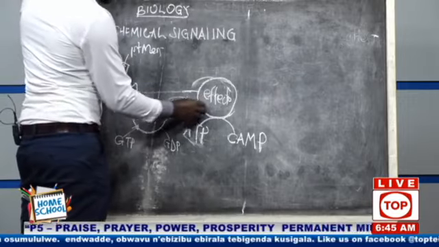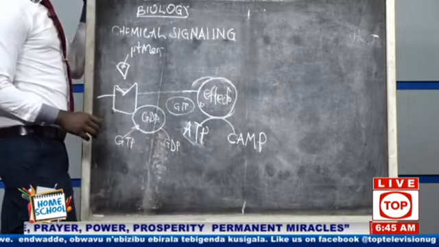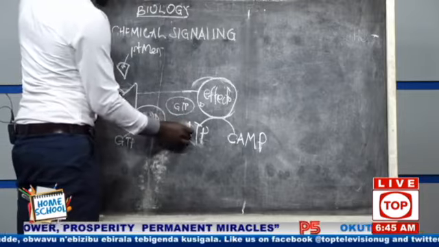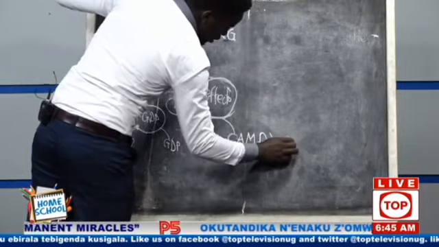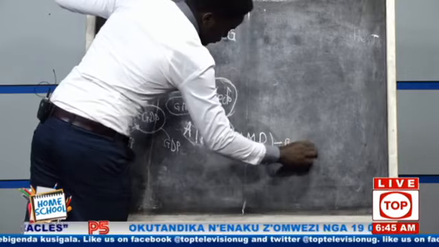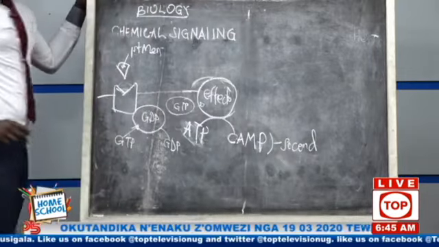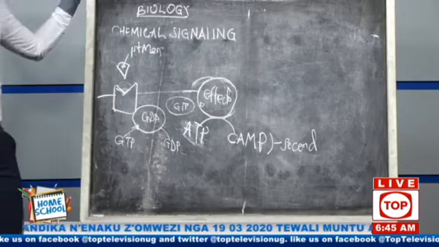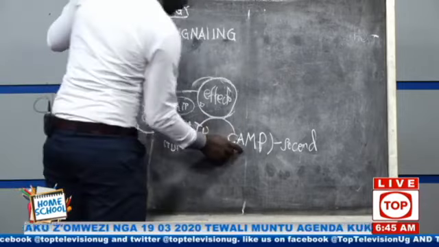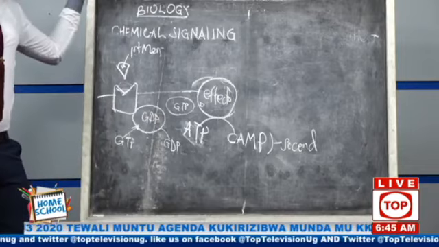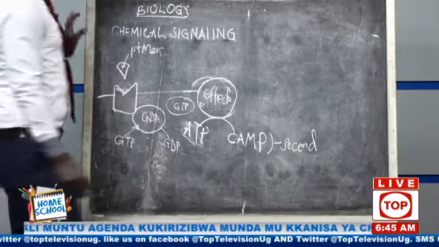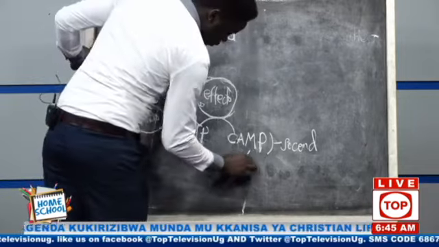This effector then catalyzes the conversion of ATP to cyclic AMP, which is known as the second messenger. Then this cyclic AMP is going to phosphorylate different protein kinases to form active protein kinases.